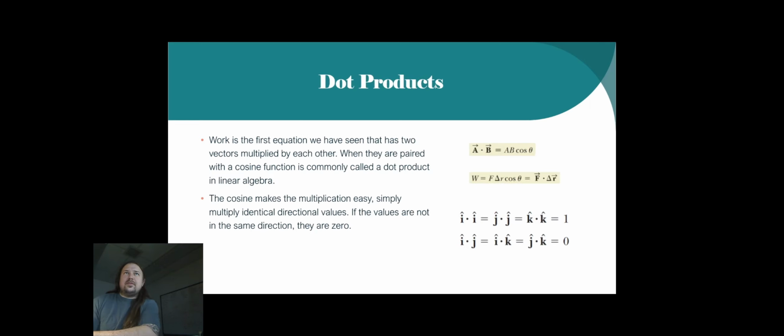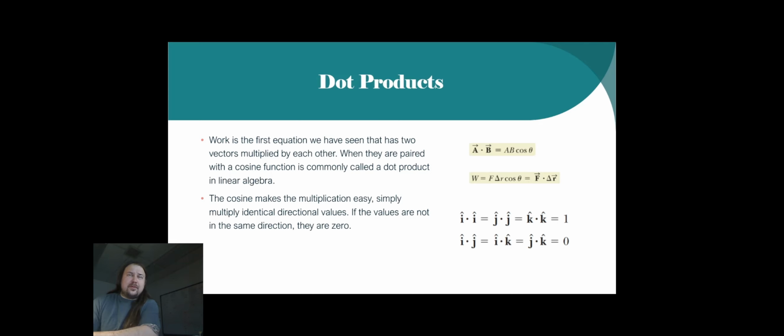So this is actually the first time that we are seeing two vectors that are being multiplied by each other. Vector A times vector B. Before this, all we had was addition, right? We had scalars times vectors, but mainly addition is what we were looking at.